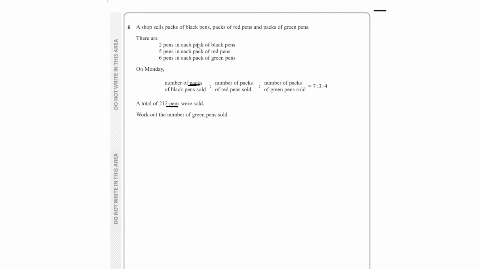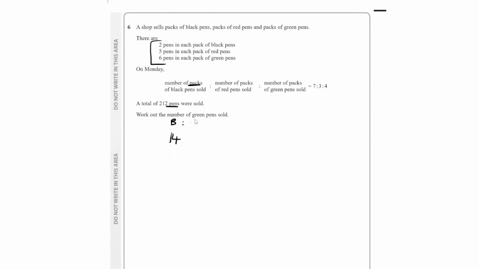So we need to apply how many pens are actually in each pack to the ratio. So what I did was, they said black pens is 2 in each pack. Now I know 7 packs weren't exactly sold, it's some multiple of 7, but just imagine it was 7. Do you see how that would make 14 black pens?